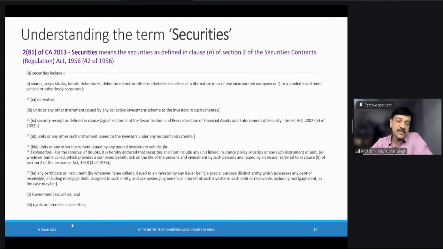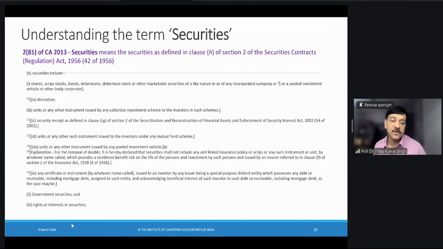If a collective investment scheme paper is there which you can market or transfer to anybody, that becomes a marketable security. And then units or any other instruments used by any pooled investment vehicle, that is a special purpose vehicle or any other kind of pooled investment vehicle, will be referred to as security.